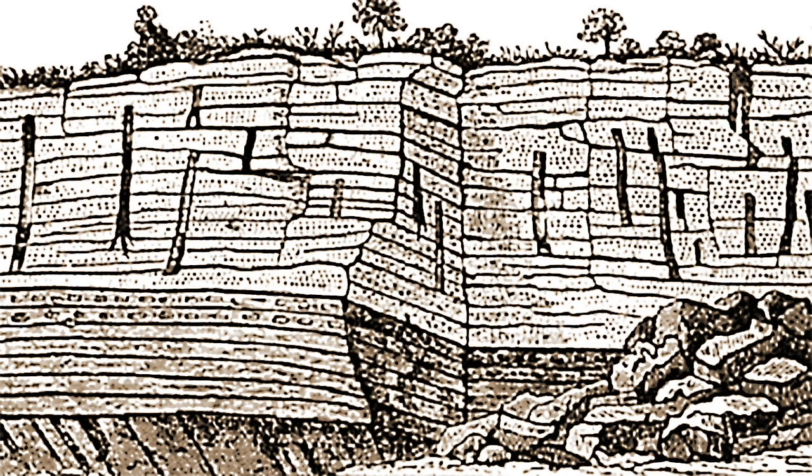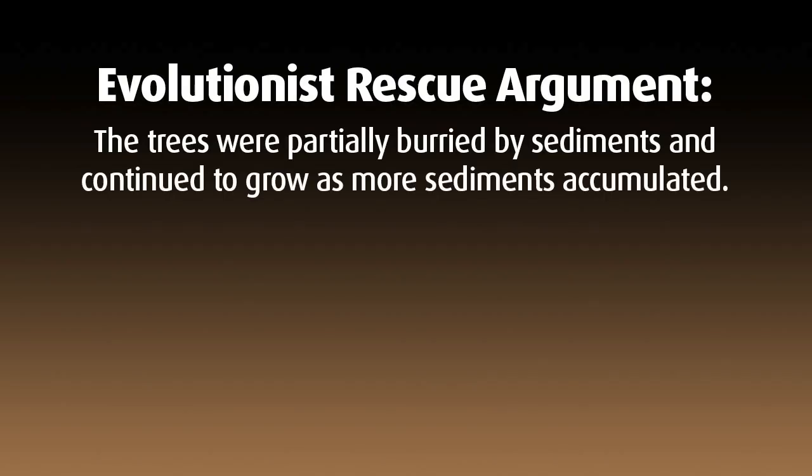And these have been known for a long time, and they can't be explained away as isolated anomalies that don't matter. Instead, they show that the model of strata being laid down slowly over centuries doesn't fit what we actually find. Evolutionists' rescue argument is the trees were partially buried by sediments and continued to grow as more sediments accumulated.